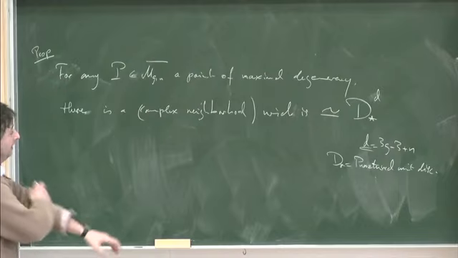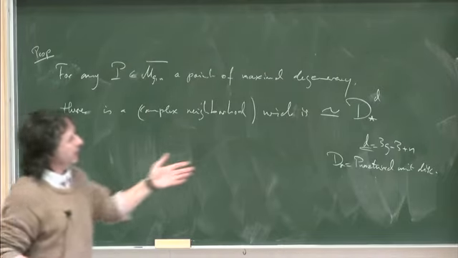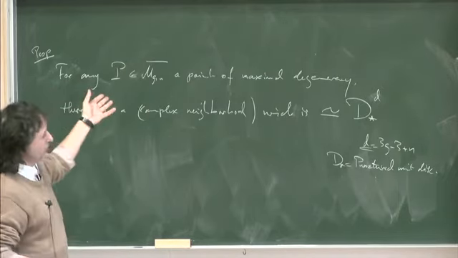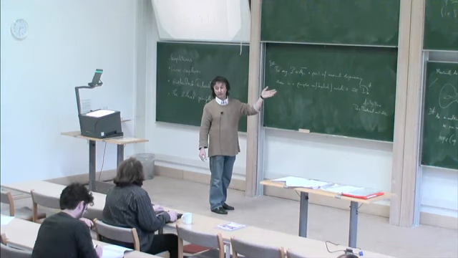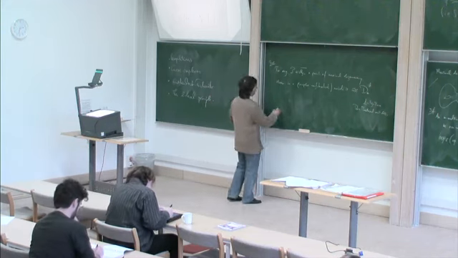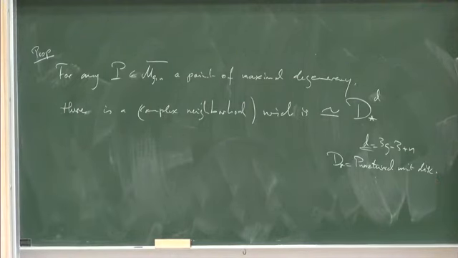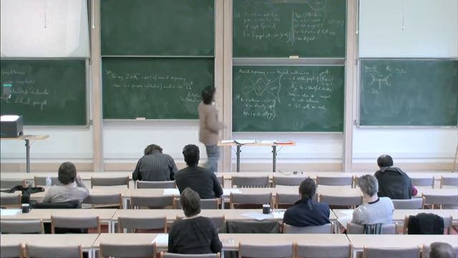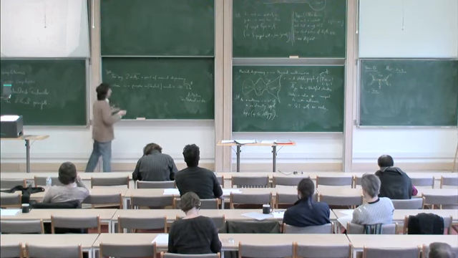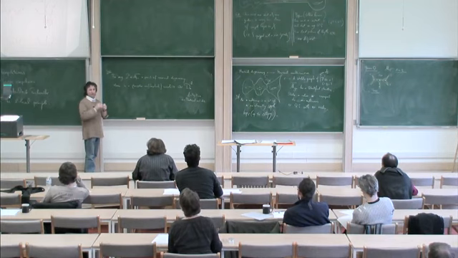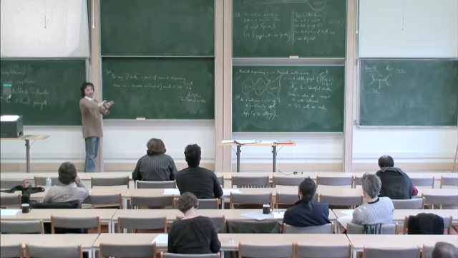Why? Because you have to do it locally. So what's happening when you do it locally? Locally, you have any of these pictures, and you have the 2 Fenchel-Nielsen coordinates, which are the radius, the length of the geodesic, and the twist.